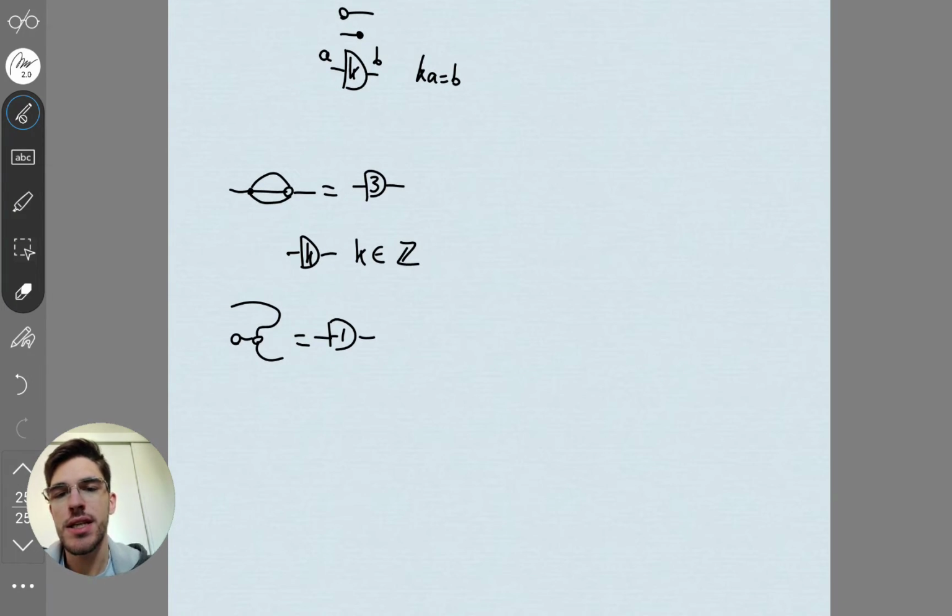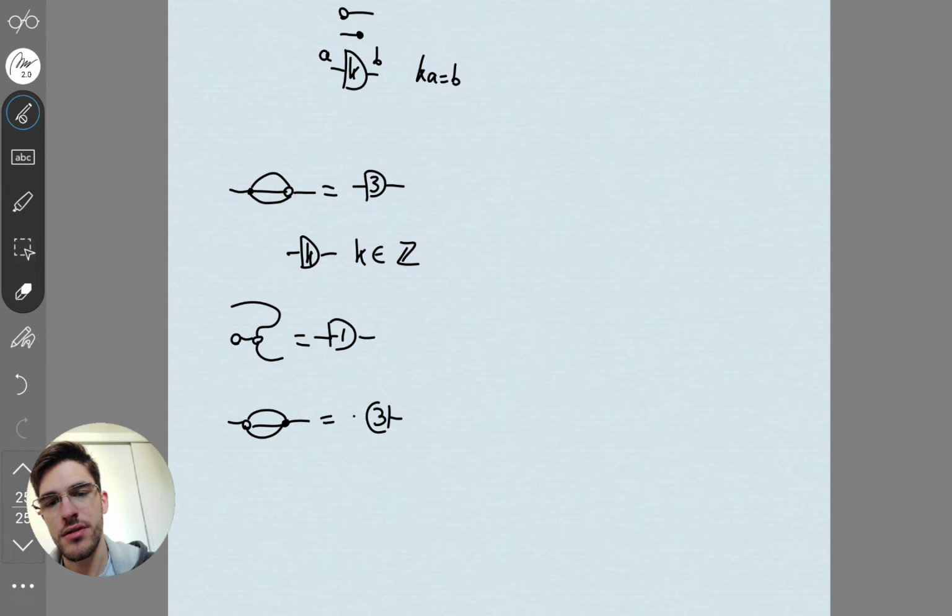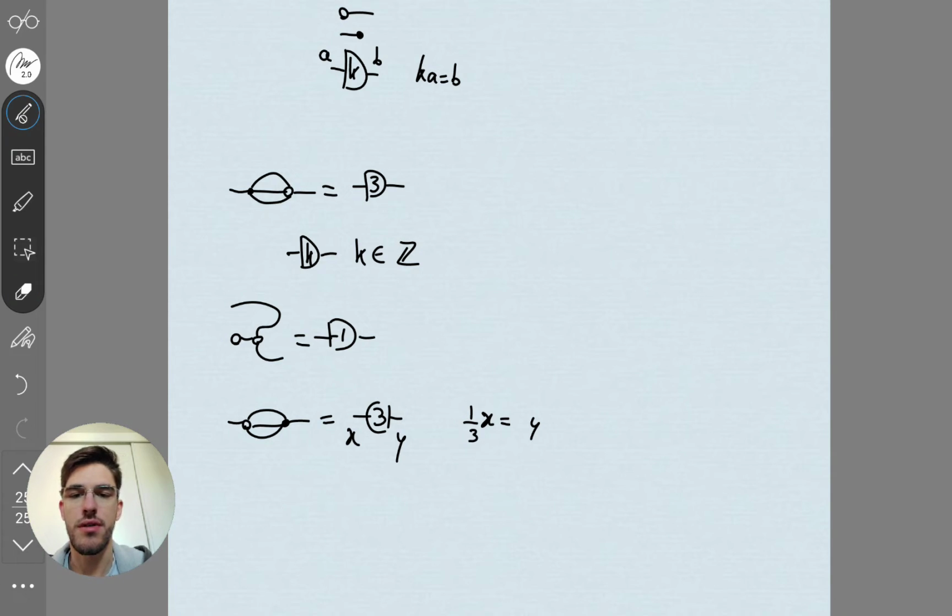And finally, if I write this one the other way around, it doesn't change anything. This is still multiplication by 3 the other way around. But that's the equation x equals 3y, which is the same as a third x equals y.